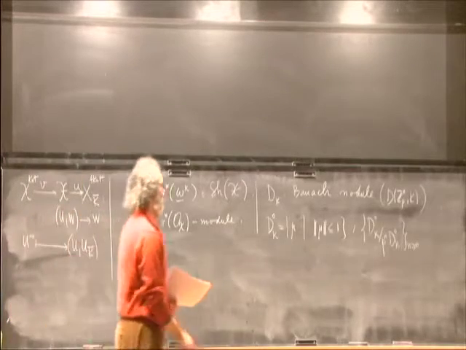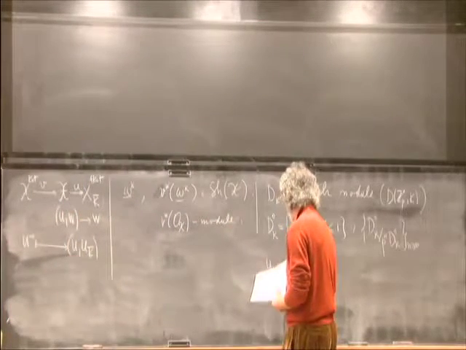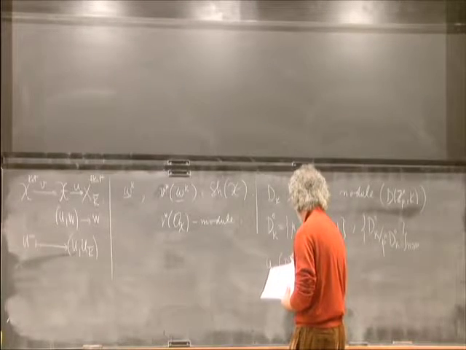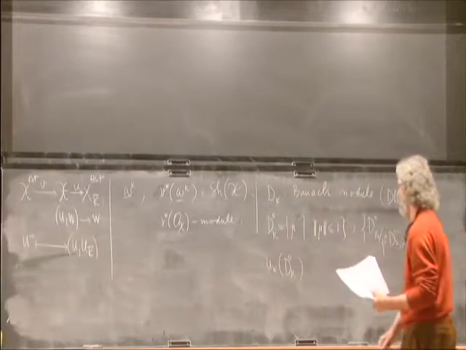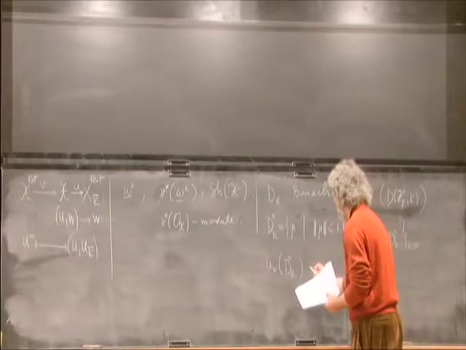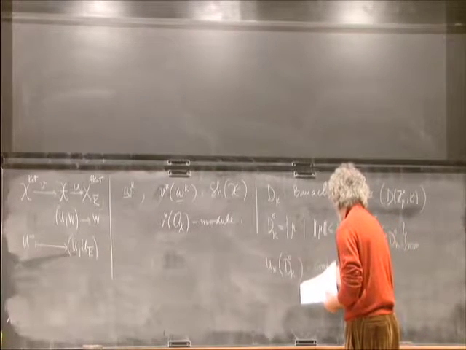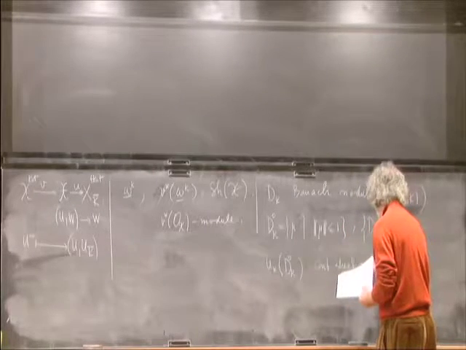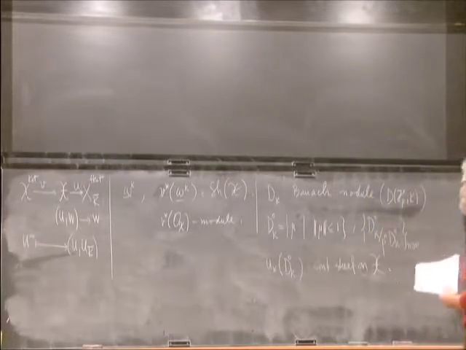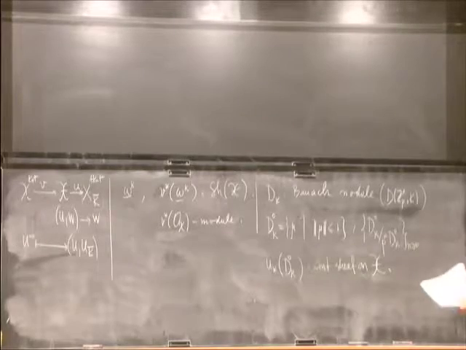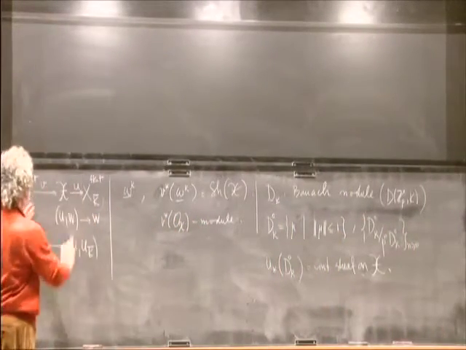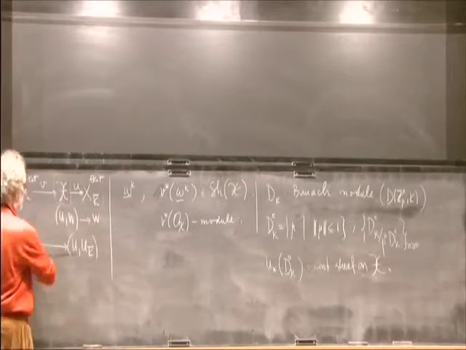So in particular, let me look at this. So this is a continuous sheaf on Faltings' site. So therefore, we can see all the sheaves that we have as sheaves on Faltings' site.